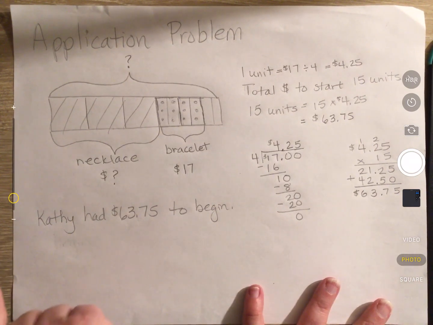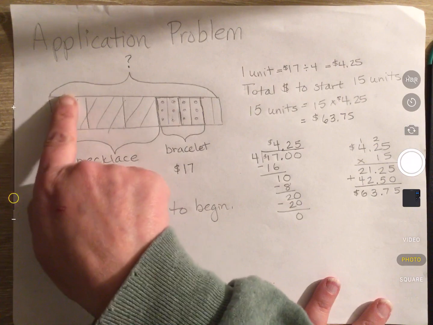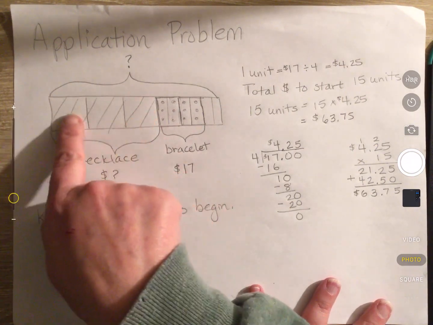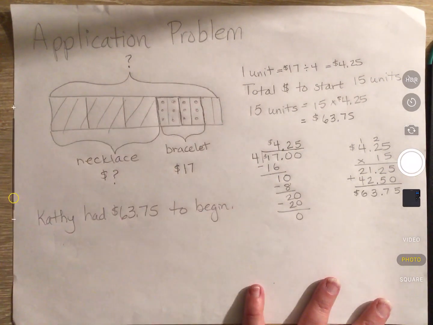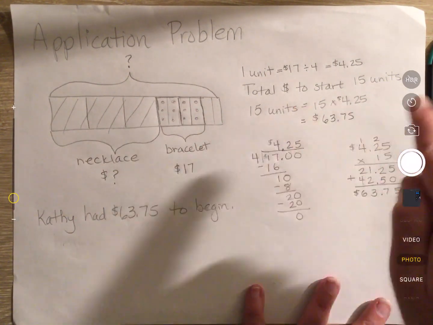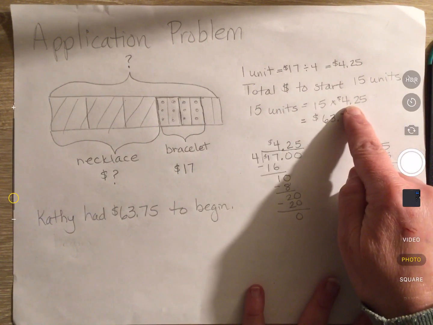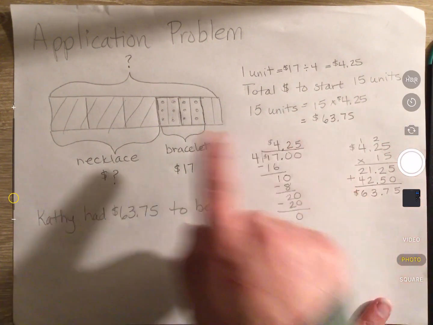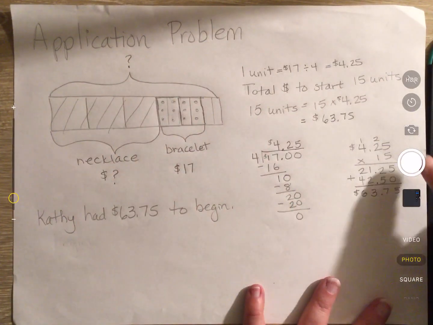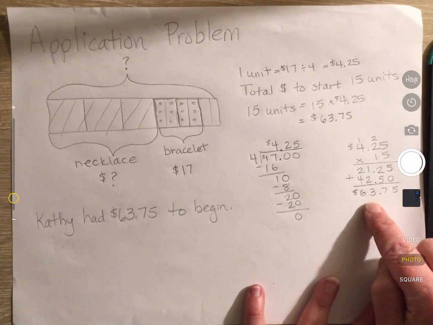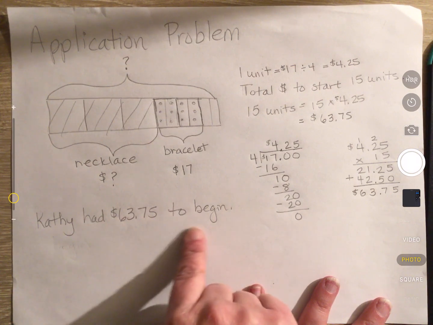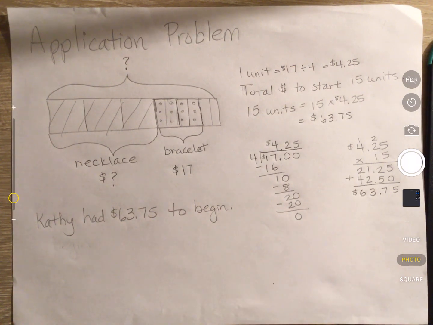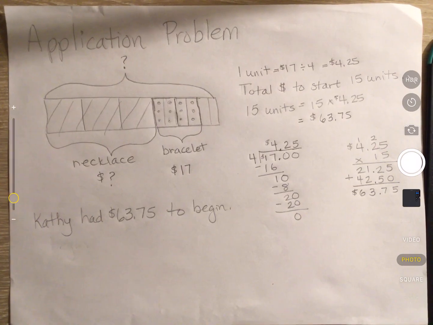So then I imagined that if I broke all of these into 3 parts each, so then 3 times 5, I would have 15 units. So then I have to multiply 15 times $4.25 so I could find out how much money she had to begin with. So I did the math here, and it equals $63.75. So Kathy had $63.75 to begin. Okay, so going back to our slides.